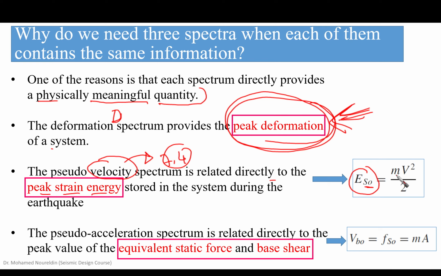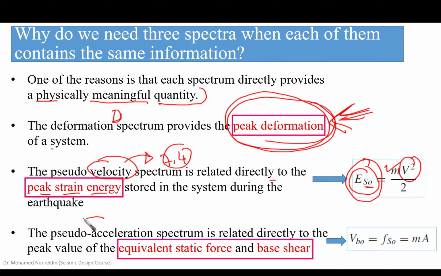It is mv squared over 2. This is the strain energy calculation, right? And from here, if we know v, and of course m is known, it is constant, then we can obtain the strain energy easily. As we are talking about peak values for velocity, this means that we are talking about peak strain energy. Okay, so this is for velocity.